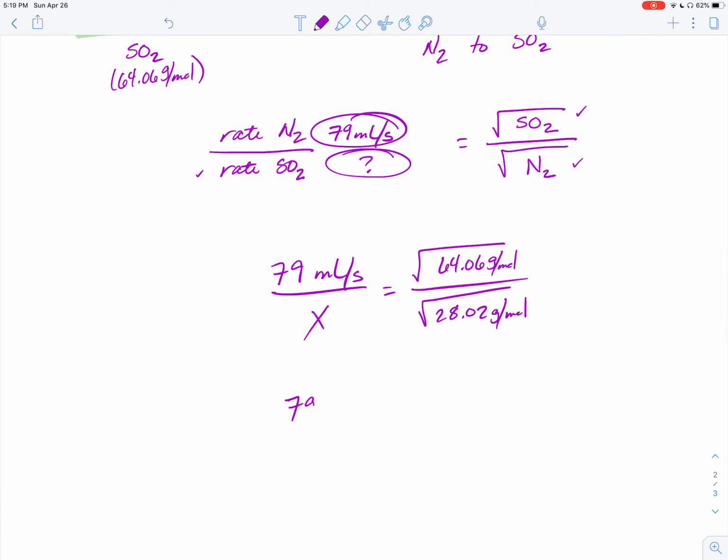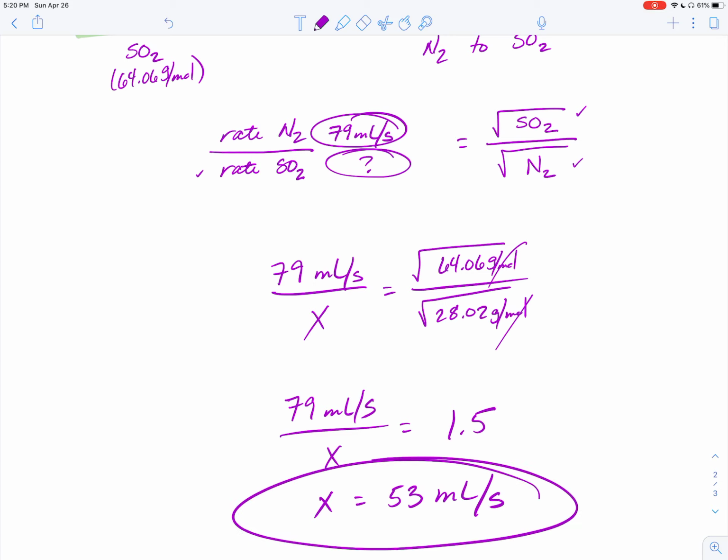When you do this math, it ends up looking like 79 milliliters per second over X equals essentially 1.5. The grams per mole cancel out. To solve for X, you take 79 and divide by 1.5, which gives a value of 53, so 53 milliliters per second.